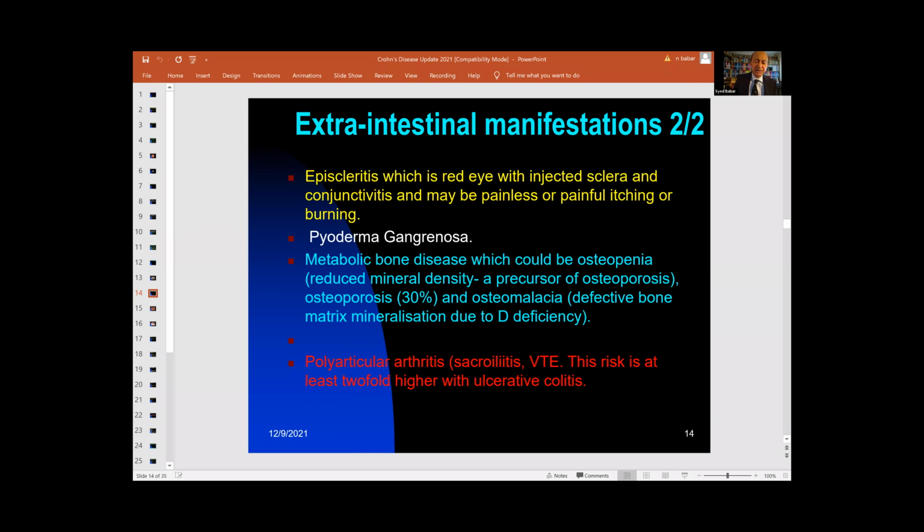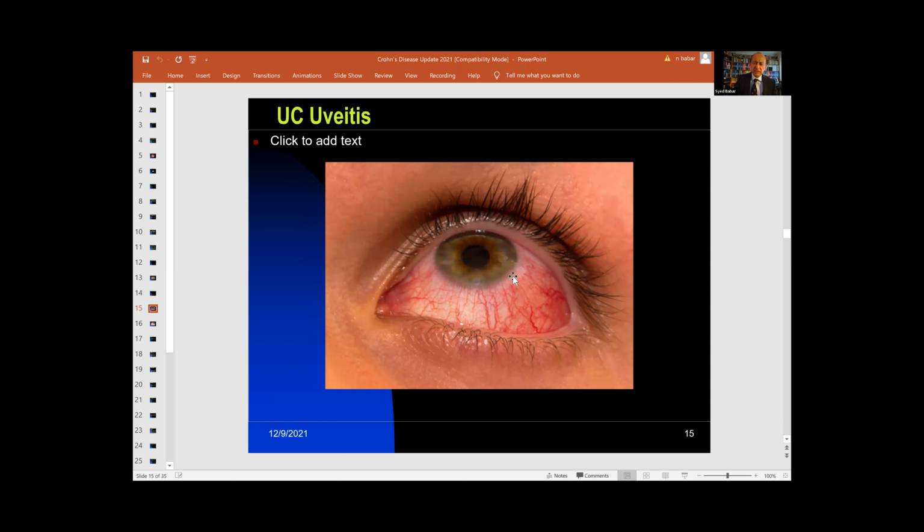And polyarticular arthritis, such as sacroiliitis, and venous thromboembolism, which carries a risk twofold higher than with ulcerative colitis, are also features of extraintestinal problems of Crohn's disease. And you can see the redness, which is characterized in this segment, but it is not visible on the lids and possibly not on the conjunctiva either.